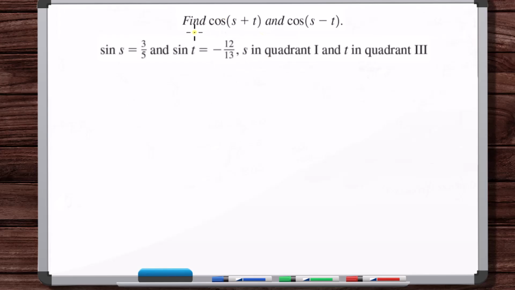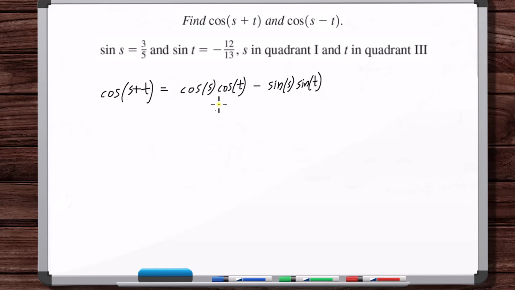Okay, here we want to find cosine of s plus t and cosine of s minus t. For the first problem, we're given that sine of s is 3/5 and sine of t is -12/13, and s is in quadrant 1 and t is in quadrant 3. To do this, we expand using the sum formula: cosine s, cosine t, minus sine of s, sine of t.